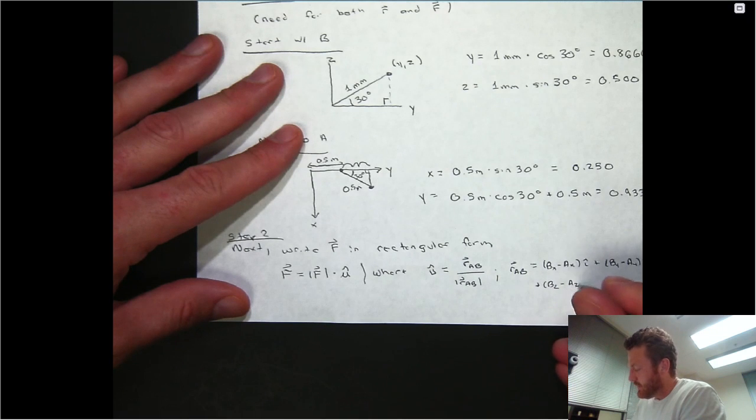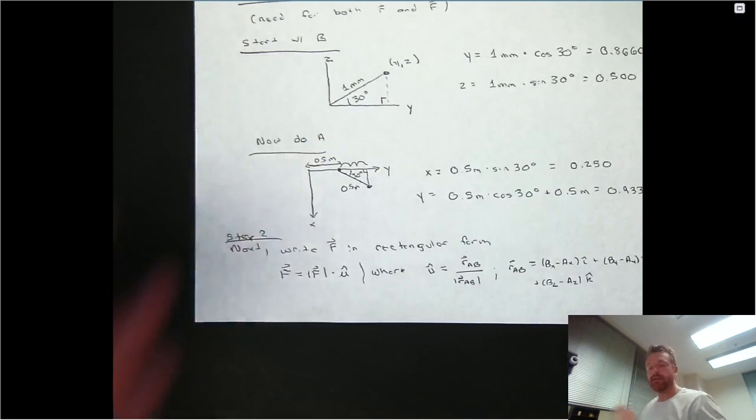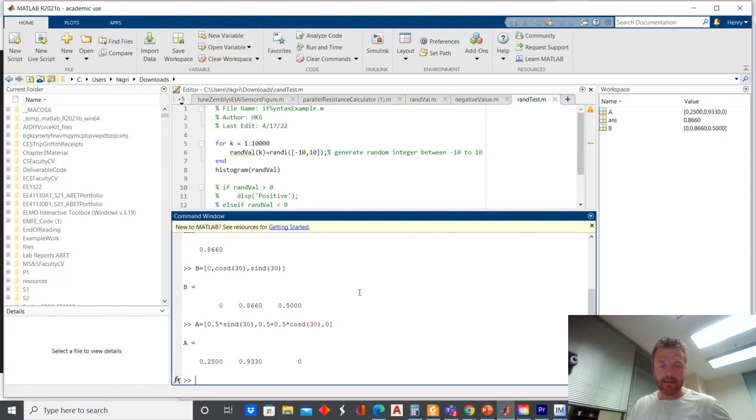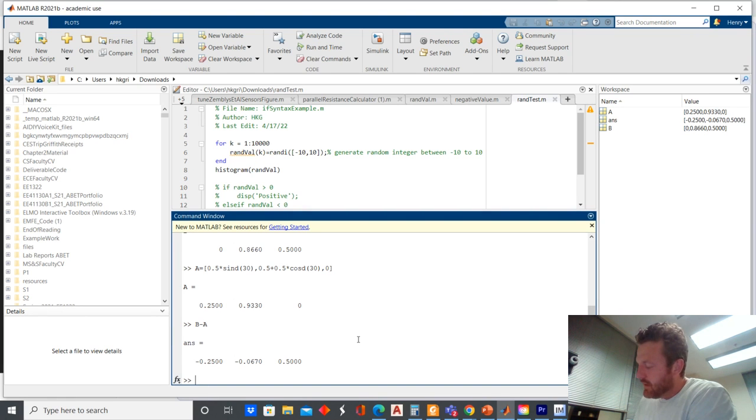So the only real mistake you can make there is doing tip minus tail in the wrong direction. So I'm just going to take, since I have this in a scripting environment, B minus A, and I'll find that RAB is the vector, minus 0.25 in x, minus 0.067 in y, and 0.5 in z.